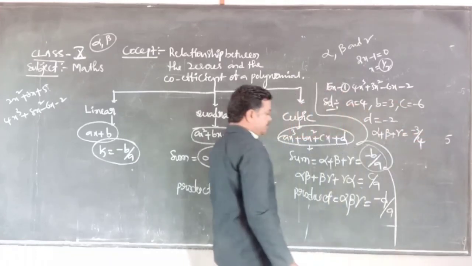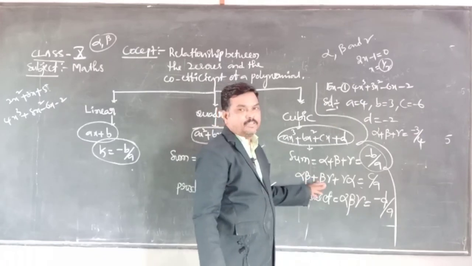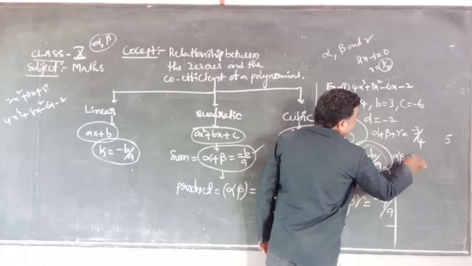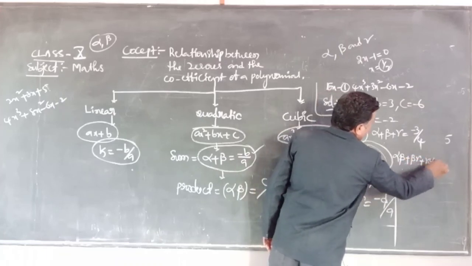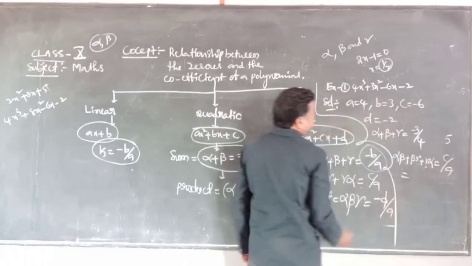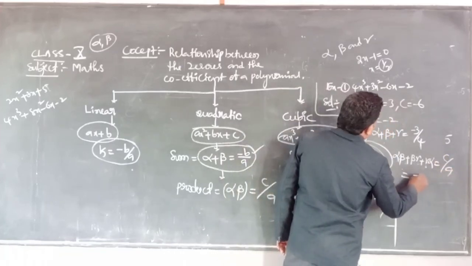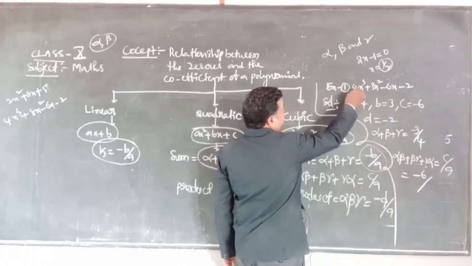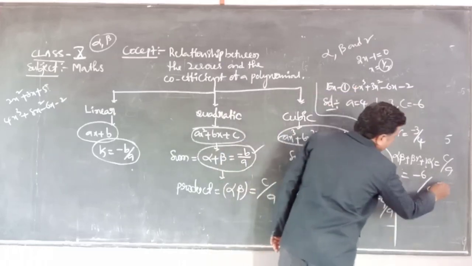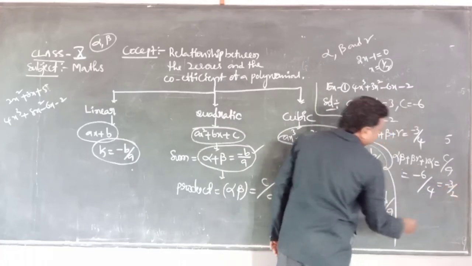The two zeros taken at a time: c by a, c is minus 6, a means 4. That is equal to minus 3 by 2.